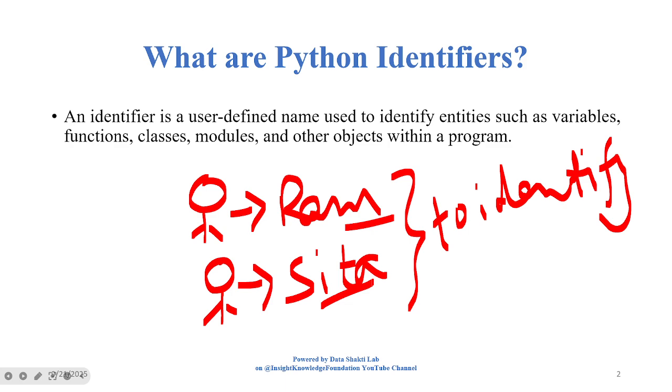In the same way, in programming, we give names to things like variables, functions, classes, modules, and other objects within a program. Those are called identifiers. All right. So we can say that identifiers are just names, and as they are user defined names, they must follow some rules.